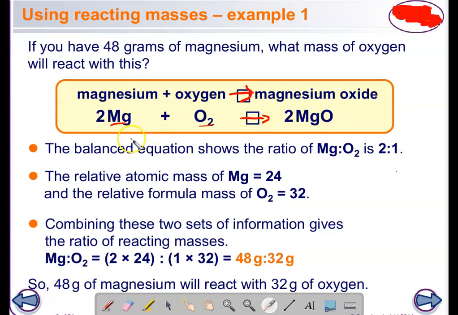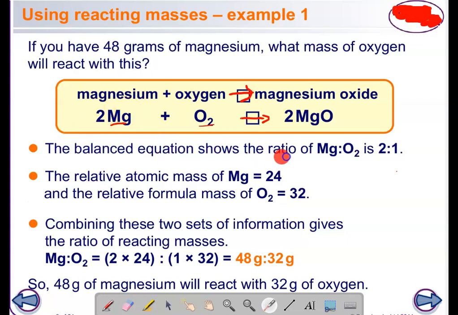Okay, now let's go through our steps. The balanced equation has been given to us.